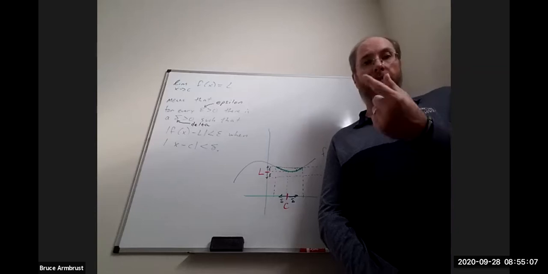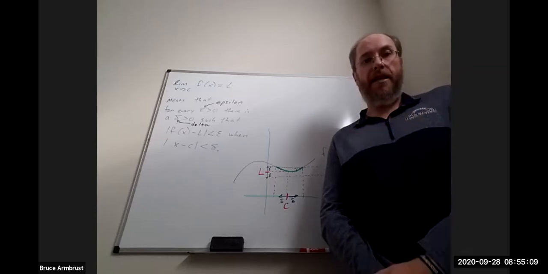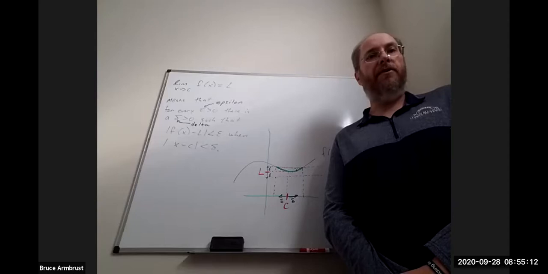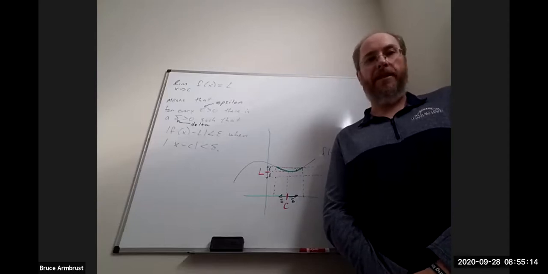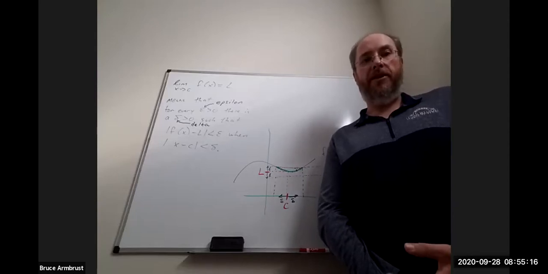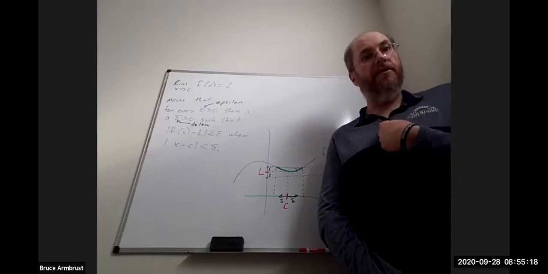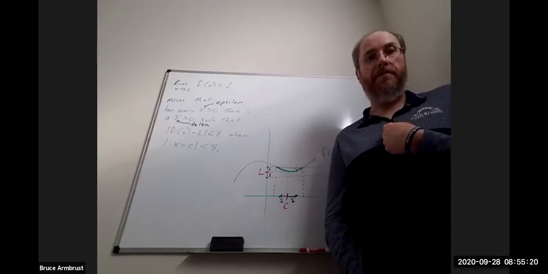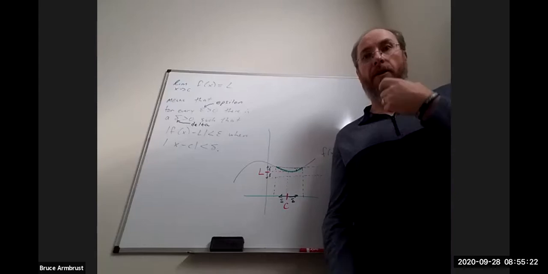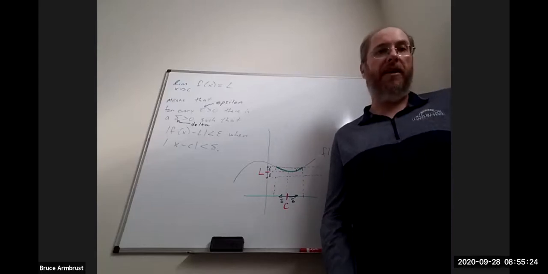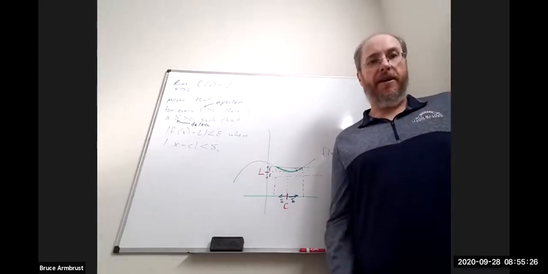Your goal is to find an interval around C such that if I plug any number from that interval in, what comes out of the function is within the 0.05 that I gave you. Sometimes I'll call this the epsilon delta game: given an epsilon, find a delta.